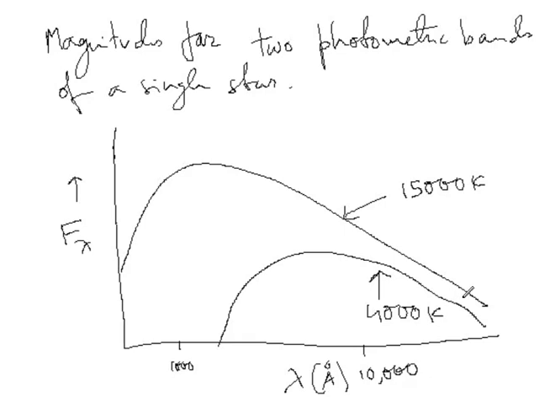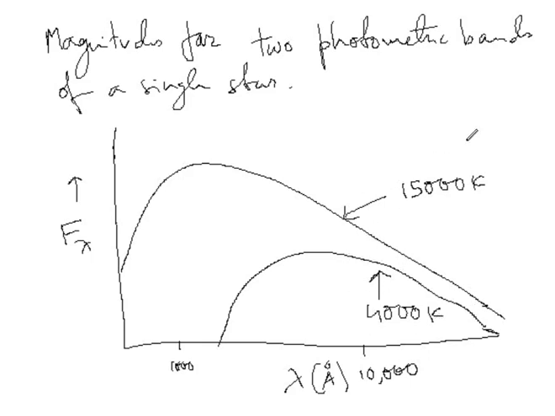Now you see, here I have shown you the monochromatic flux as a function of the wavelength for two stars. So what I have shown you is an example for two stars. Of course, now you understand what this is.